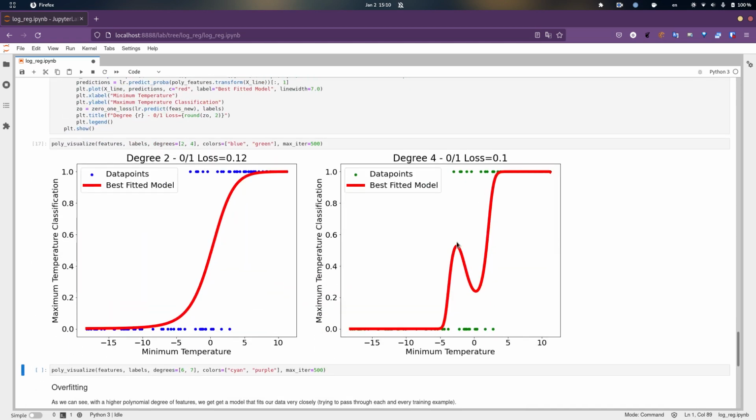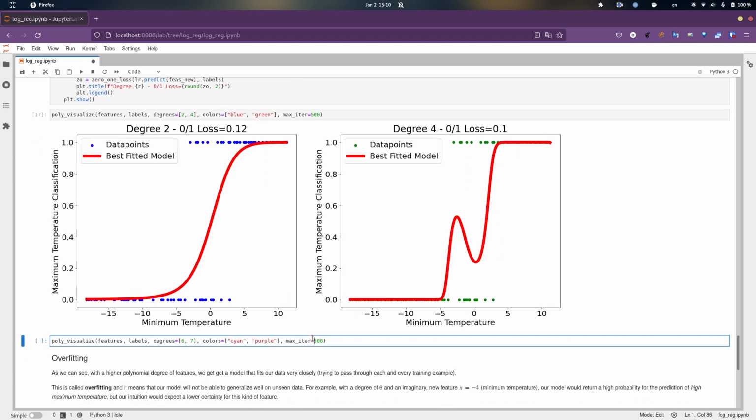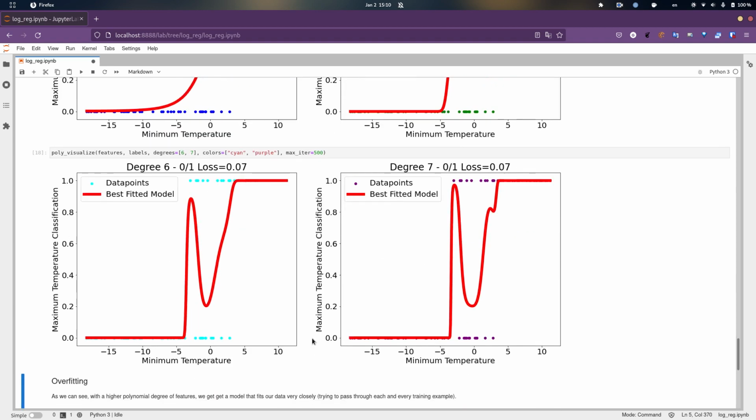But when we increase the degree, even though we have a pretty good loss of only 10%, so it's better than the previous one, we see that there is this oscillation which we don't really like here. And then if we increase the degree even further, we see that these oscillations are much more prominent.